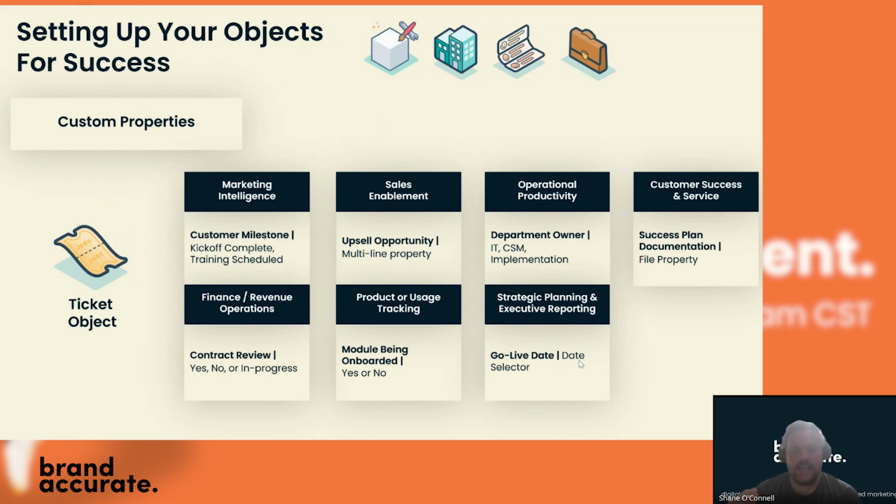So let's say as part of your onboarding experience, one member of the team that maybe isn't so customer forward or customer facing has designed and set up a success plan documentation. Well, they can load that document into this property. Once that document is loaded into that property, it can run through a workflow that then notifies the customer success manager that this file was uploaded.